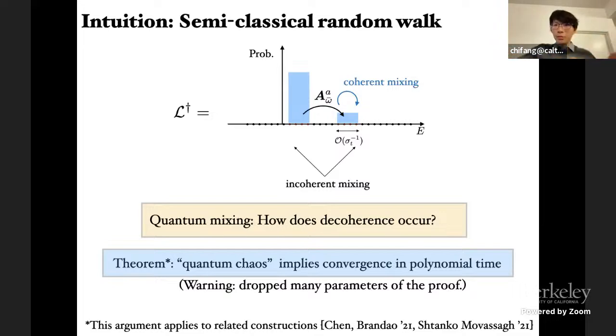It's trying to do a random walk on an energy eigenbasis, but now you could have some entanglement between nearby energies. This entanglement exists because your quantum initial state could have entanglement, but also, since you cannot distinguish energies, these jumps can also preserve this entanglement.